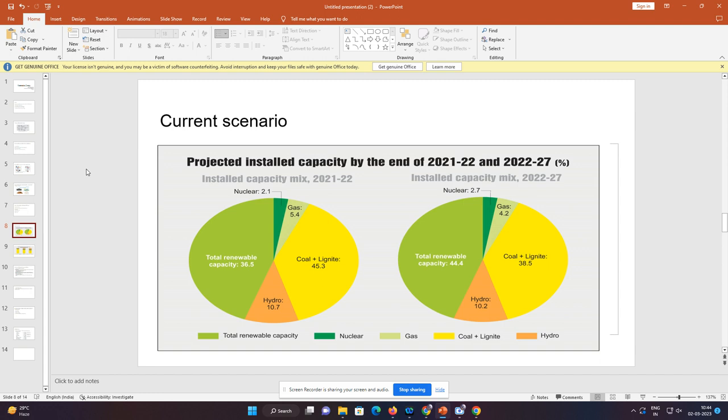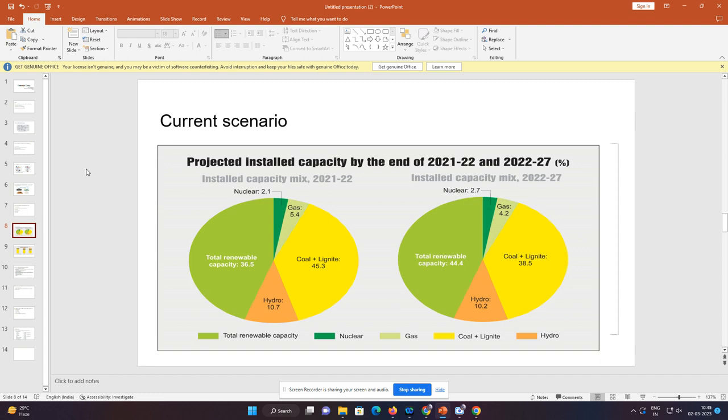Hence, it is projected that between 2017 and 2022, 6,823 megawatts of hydropower, 25,545 megawatts of thermal, 3,300 megawatts of nuclear and 1,17,760 megawatts of renewable energy capacity will be installed in the country.